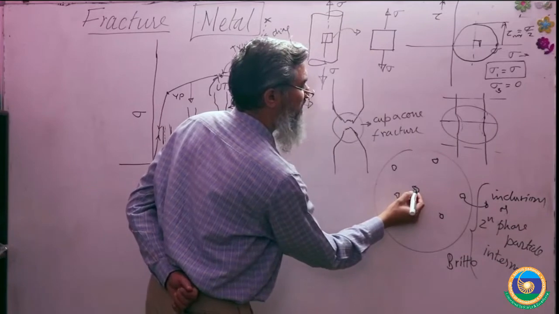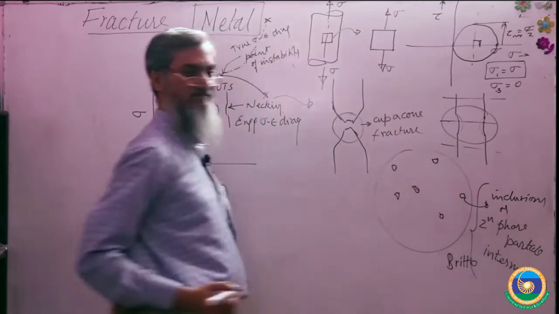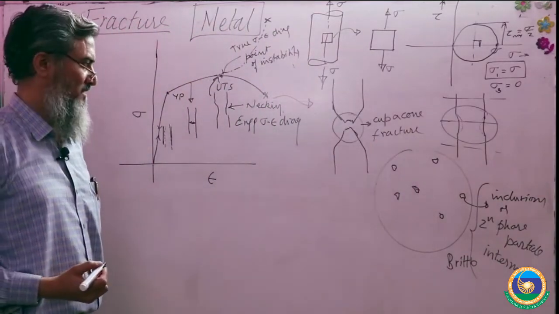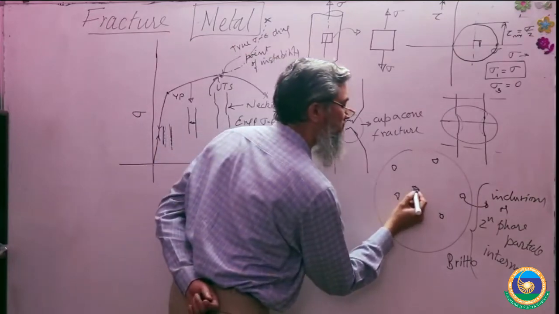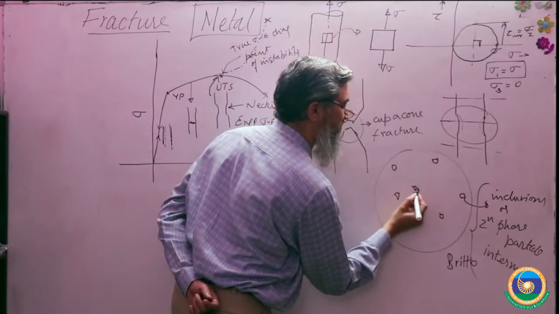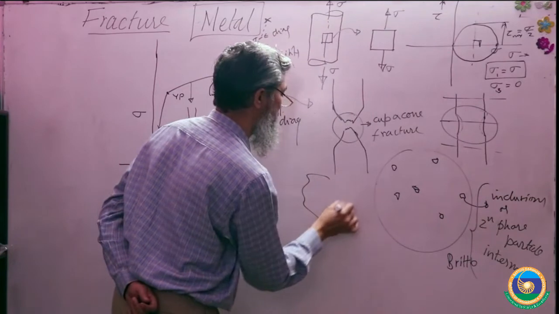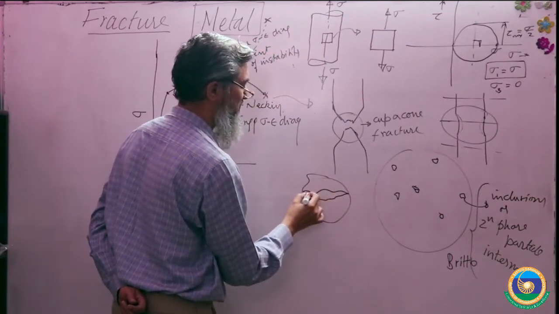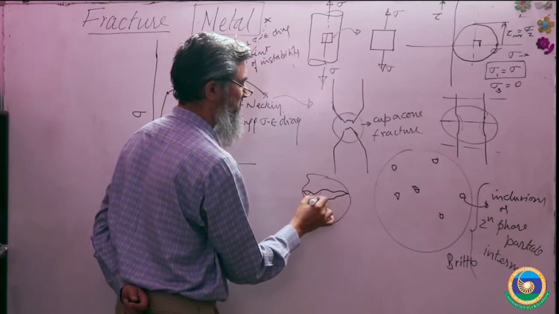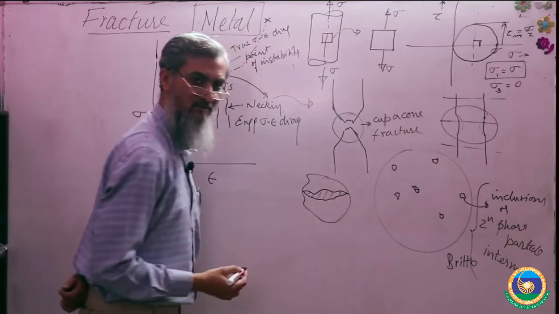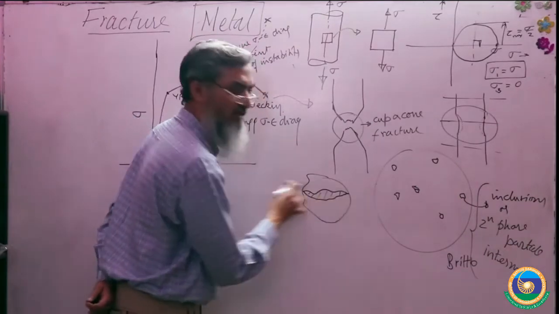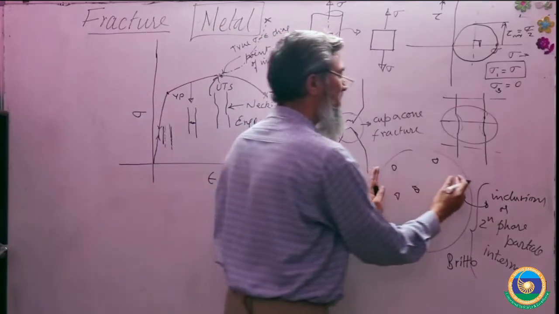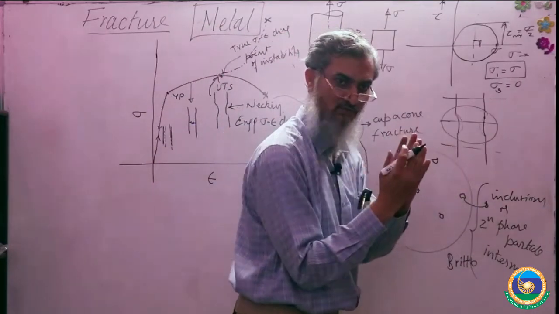So even if one of these fractures, the moment it fractures, there is nothing here. I'll enlarge this again. That means there is a gap here, which is air, nothing. If there is no material here, the effective area has reduced.